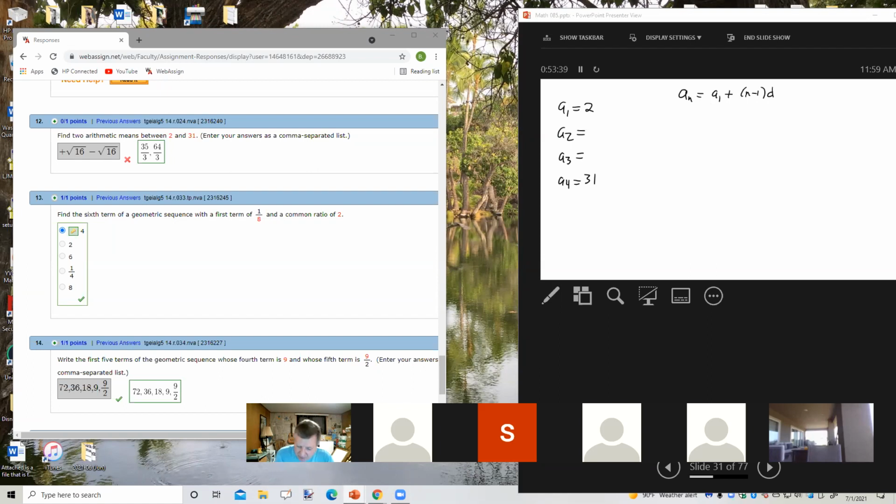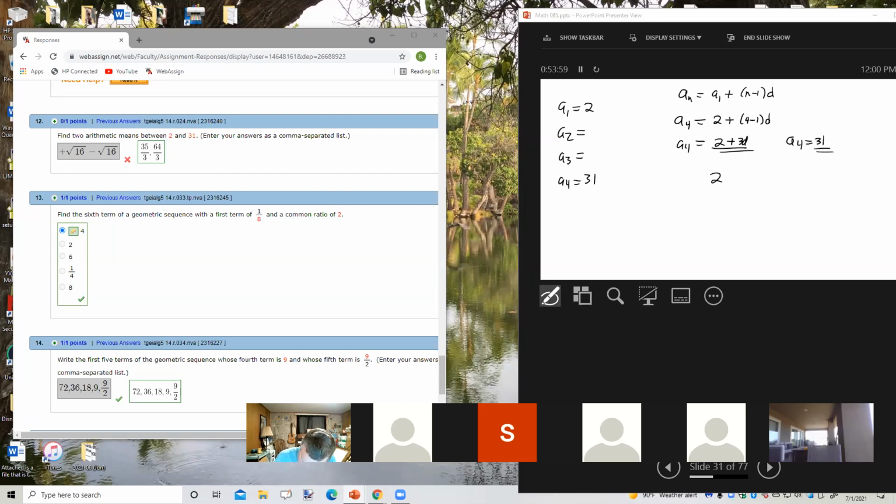So now I know that a sub 4 is a sub 1 plus 4 minus 1 times d, which is 2 plus 3d. I also know that a sub 4 is 31.